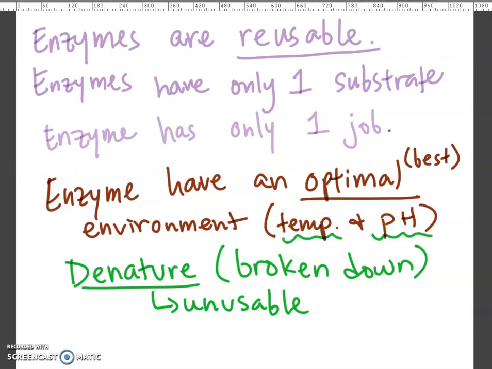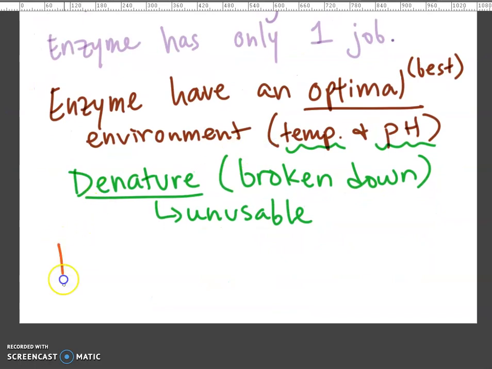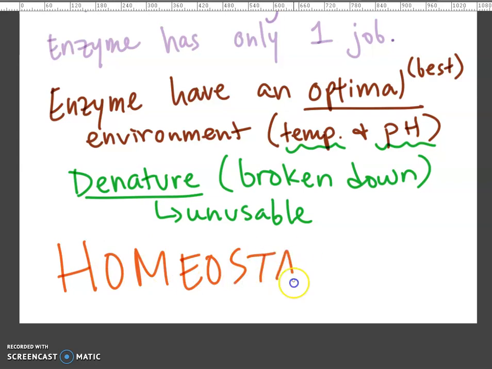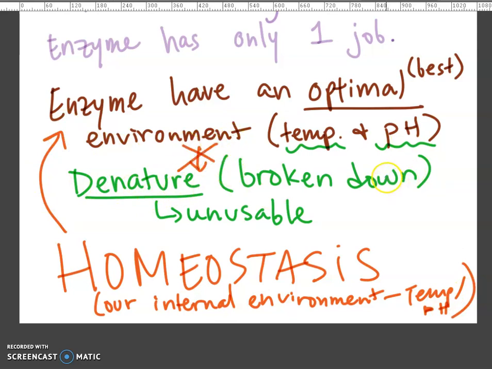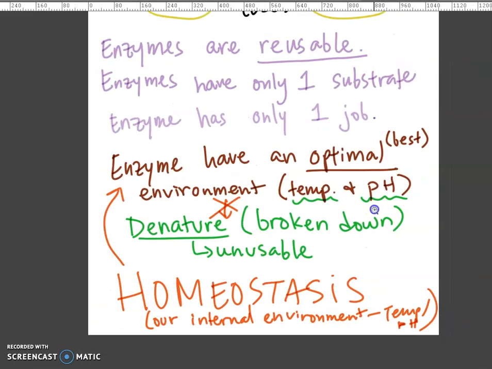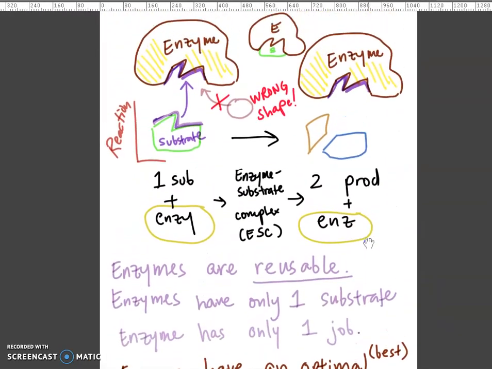And this is why, going back to our human bodies, we absolutely need to maintain homeostasis, which, as you remember, is just our internal environment, for example our pH and temperature, so that our nice and beautiful enzymes do not denature. So this is what you don't want. You don't want them to be denatured. You don't want them to be broken down, because then they become unusable.